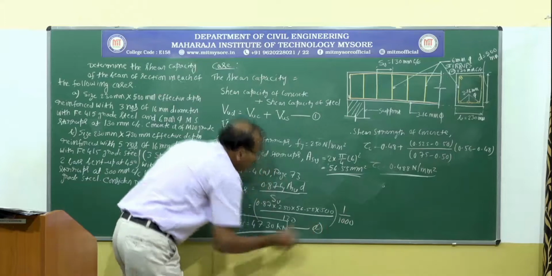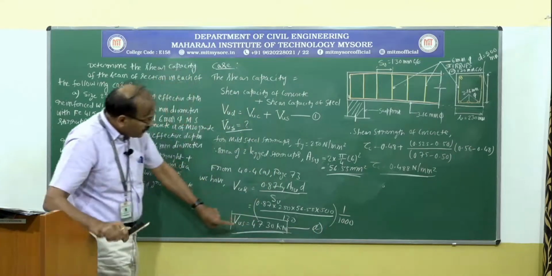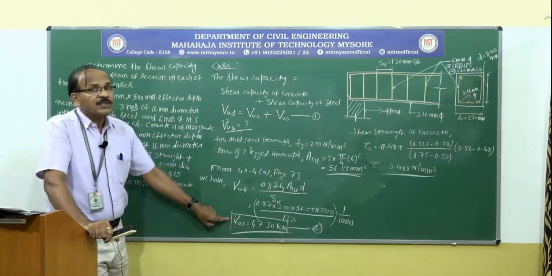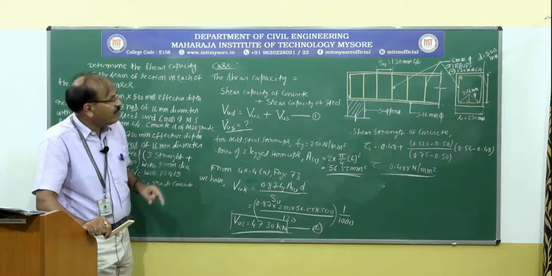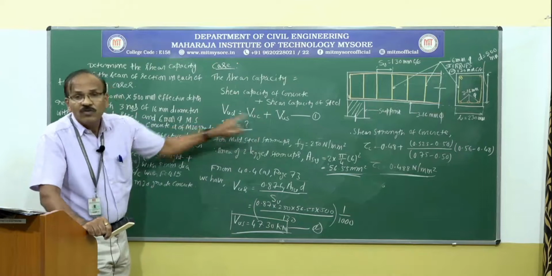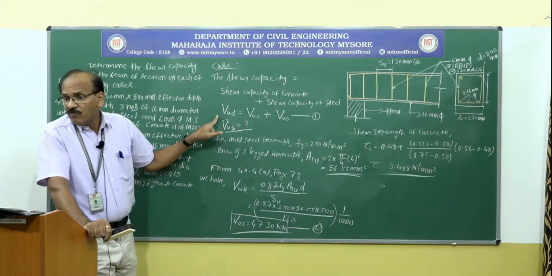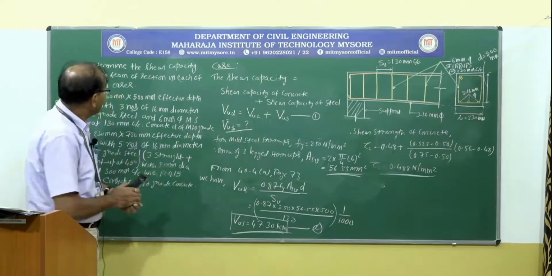So, we calculated what is VUC, and we calculated what is VUS, and I am going to call this as equation B, and by substituting the values of equations A and B, that is the values of VUC and VUS in equation 1, we are going to get the value of VUD.